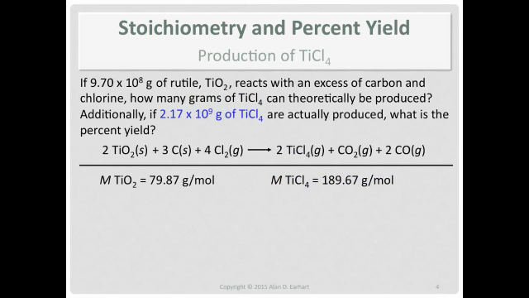We're also told the mass of titanium 4 chloride that's actually produced. And it says, what's the percent yield? That's the second part to this problem. We can't do that part until we do the first part. So let's ignore everything about the mass of titanium 4 chloride that's actually produced. Let's throw that away for right now.